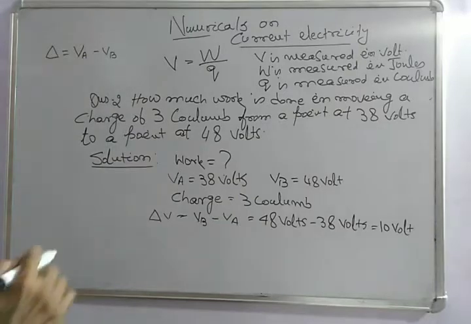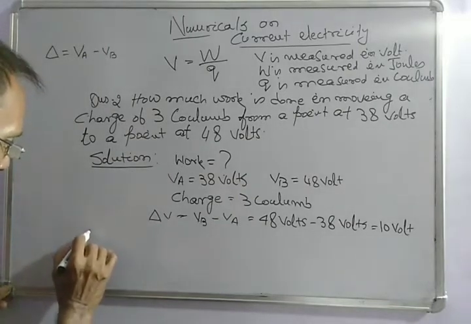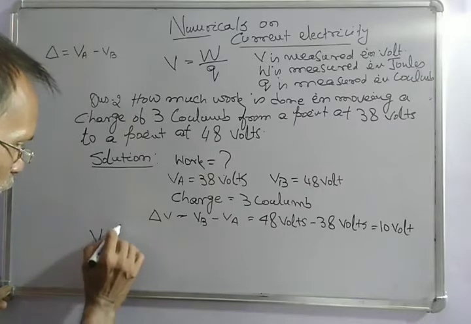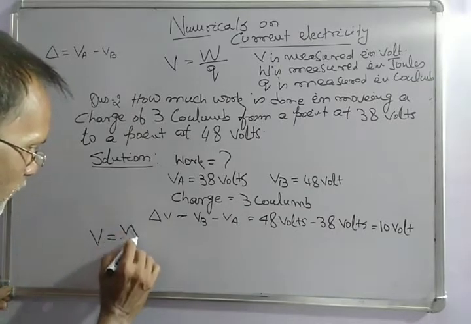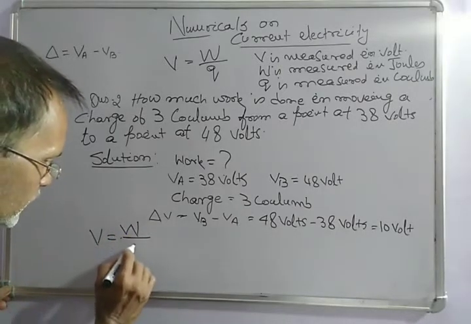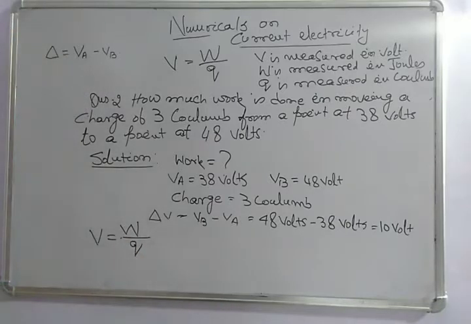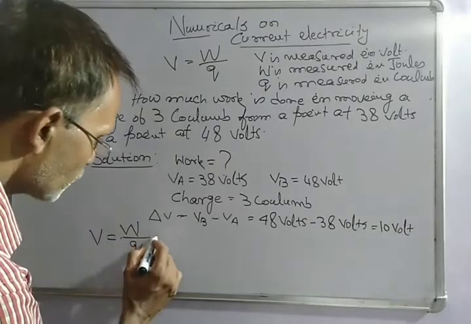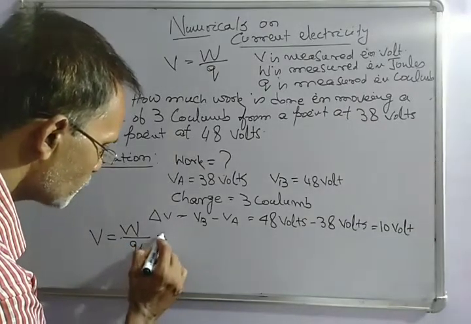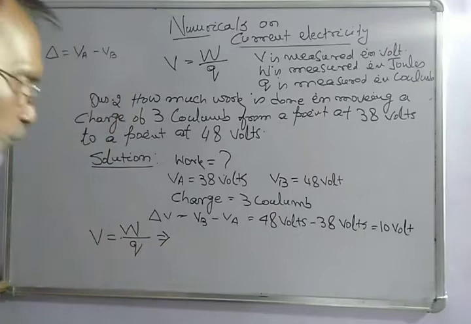What is the formula? Potential difference is equal to W by coulomb, that means W by charge. So work done by charge is equal to potential difference. So what is work done? From this one we have to find out the formula for work done.